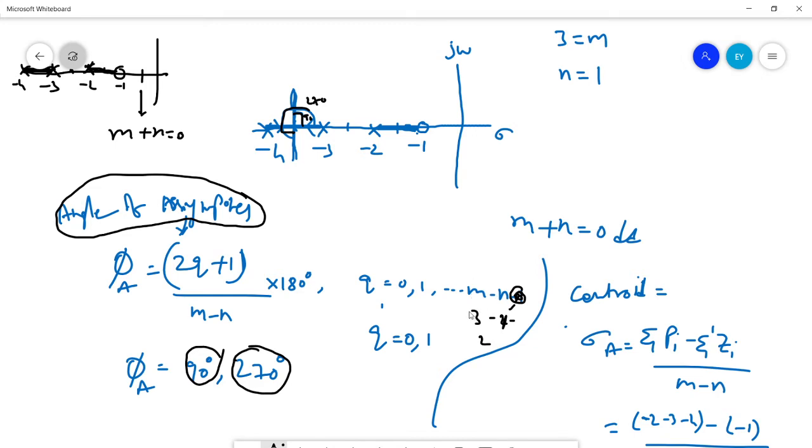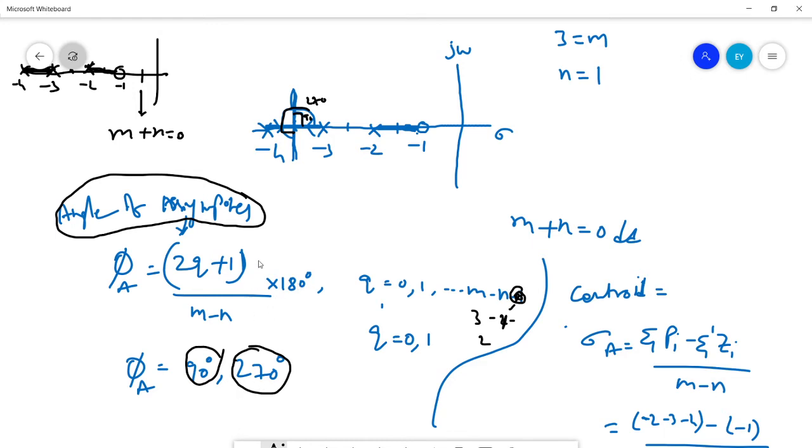So how many do we have? m is equal to 3, n is equal to 1. We need to take q as 2 terms, that is 0 and 1. Substituting q equal to 0, we get 90 degrees, and substituting 1, we get 270 degrees.